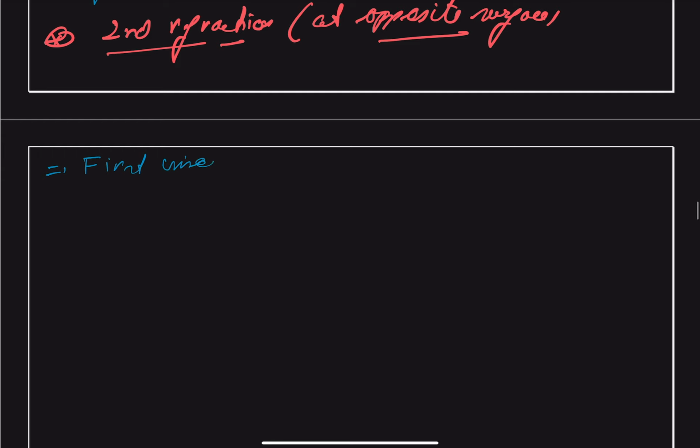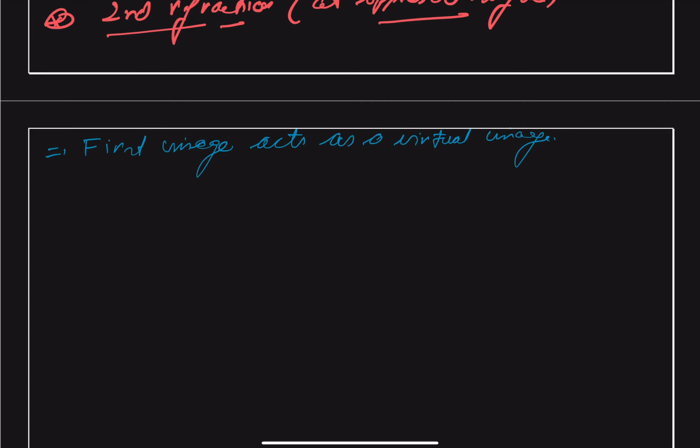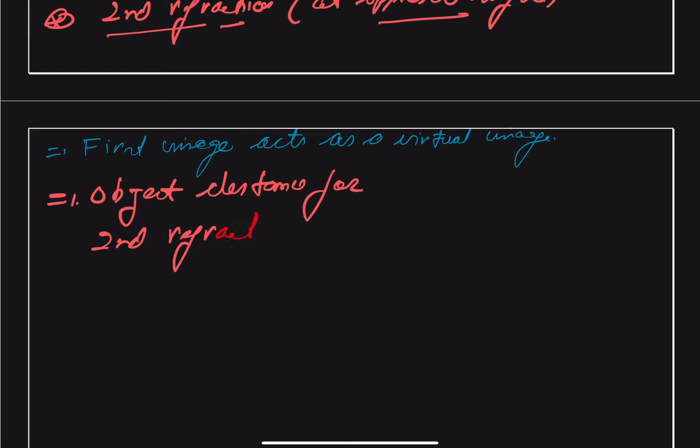Therefore, we can write that the object distance for the second refraction will be equal to minus, and this comes as 2 plus 6, which is minus 8 mm.